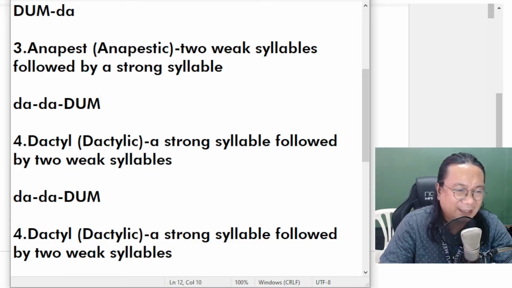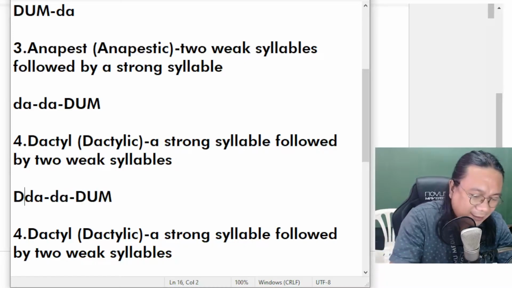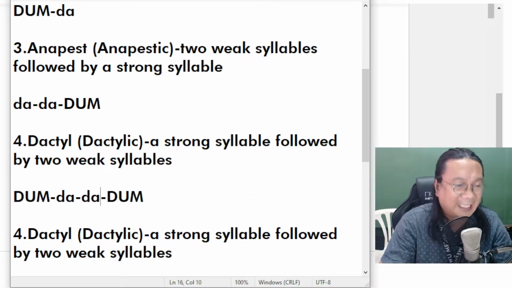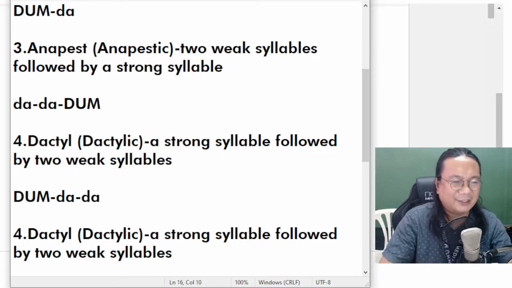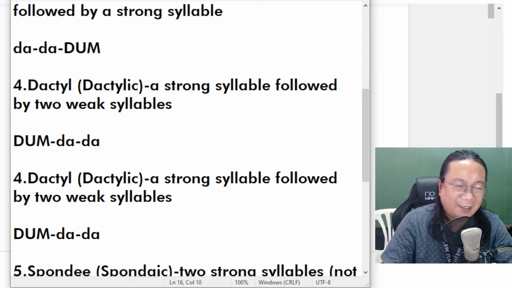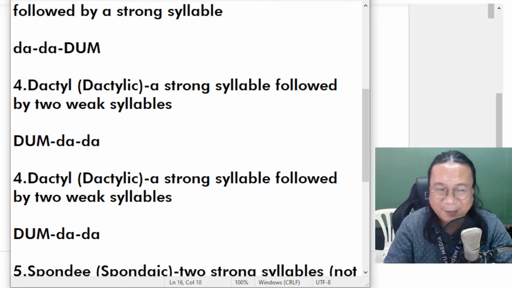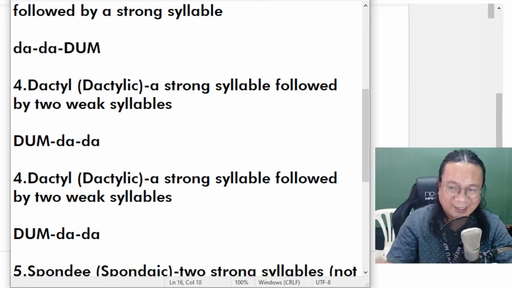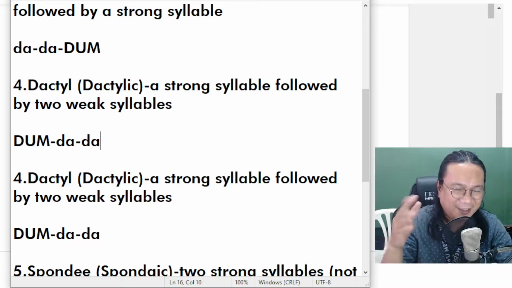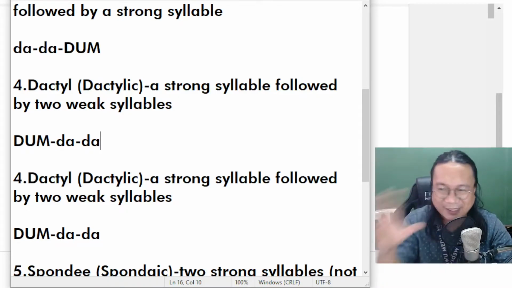Okay, this is wrong. It should be dum-da-da when we talk about dactylic naman. So, dactylic. The stress is on the first syllable. Like, dum-da-da. Dum-da-da. Okay? Any words that come into your mind when we say dum-da-da? No?